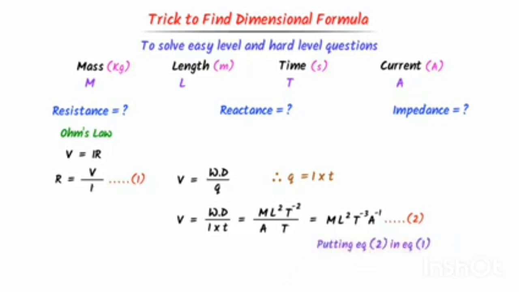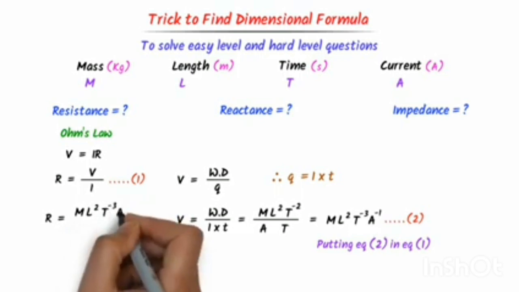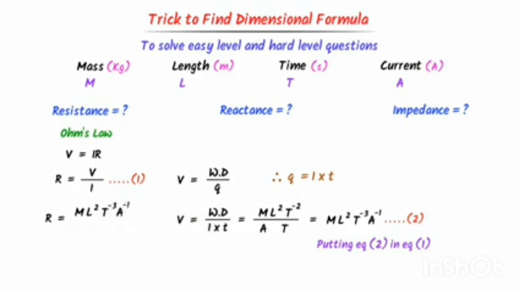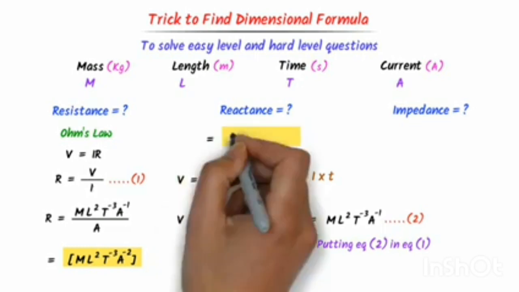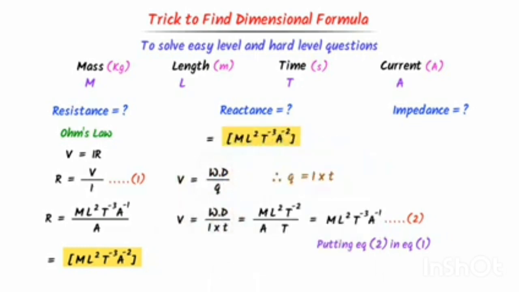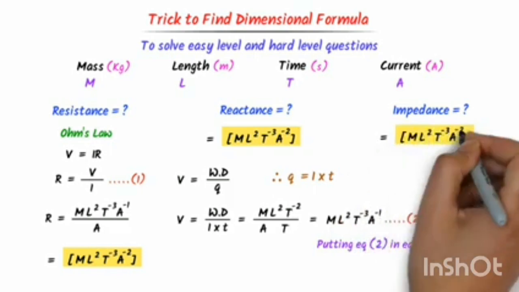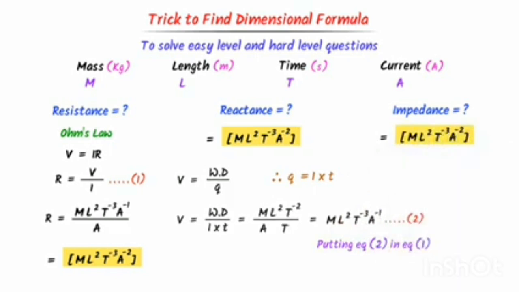Now I plug in equation number 2 into equation number 1. R is equal to the dimensional formula of voltage, M L^2 T^-3 A^-1, upon the dimensional symbol of current, which is A. I get M L^2 T^-3 A^-2. Hence the dimensional formula of resistance, reactance and impedance is M L^2 T^-3 A^-2.